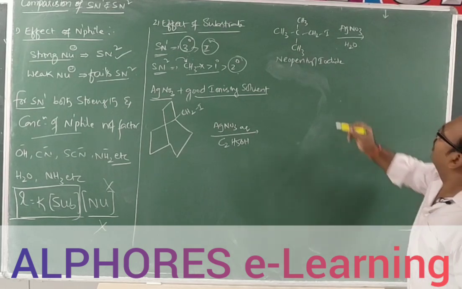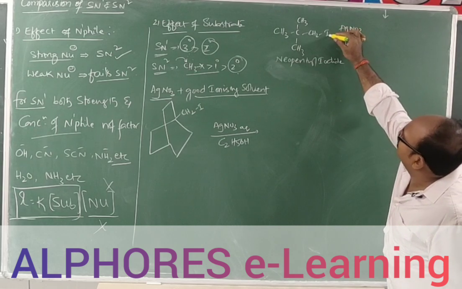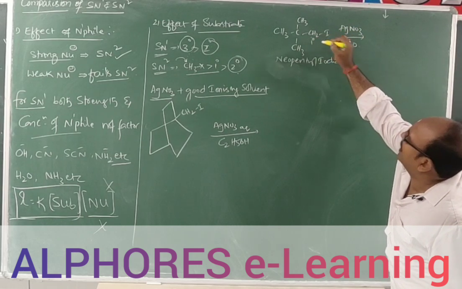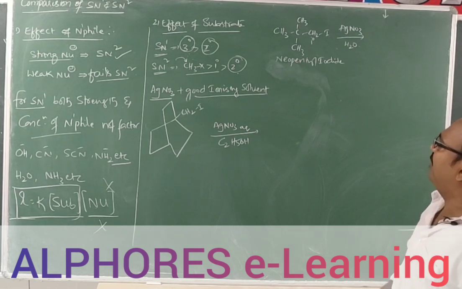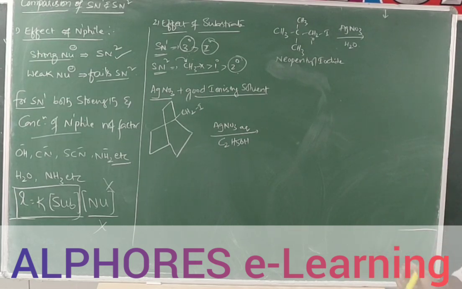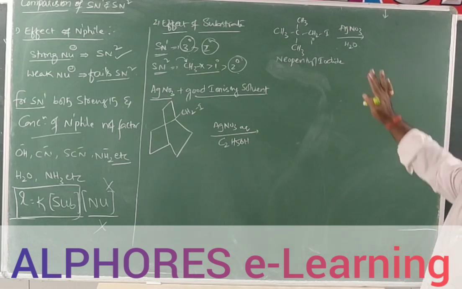See here, the carbon containing the iodine leaving group is primary. Since the leaving group carbon is primary, in general we think there is no scope for formation of carbocation.